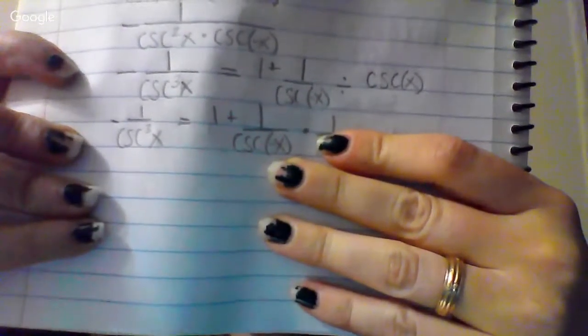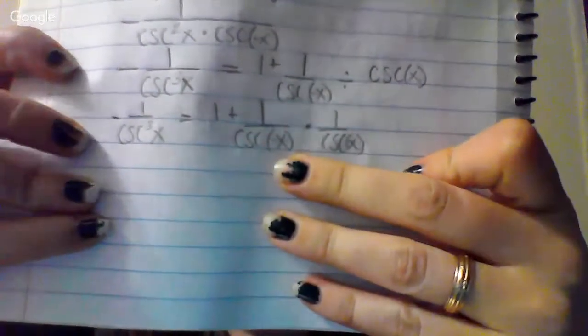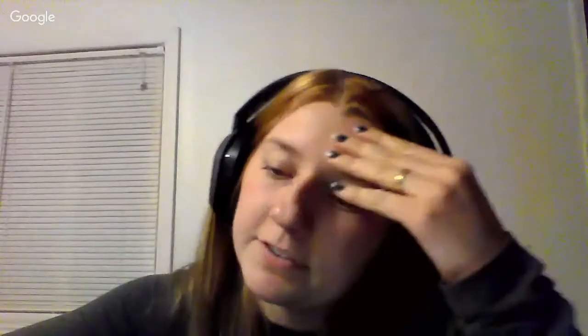So I feel like it should be close to something, or is there something we need to do to make one of them work? That is a very good question. I don't know. Sorry, I'm trying to find a scientific calculator that has cosecant on it.